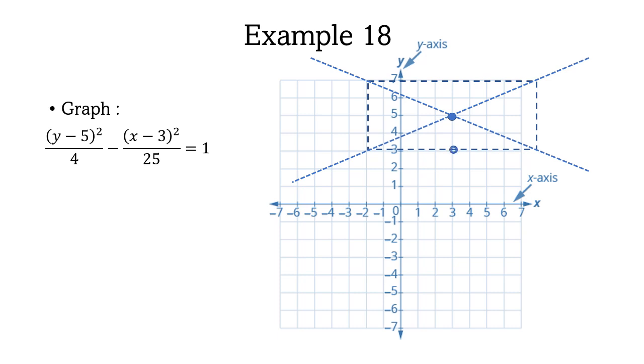Now here the vertices are going to be parallel to the y-axis, at the midpoint of my length. The foci are going to be square root of 29 from the center, and the asymptotes are going to be as such.